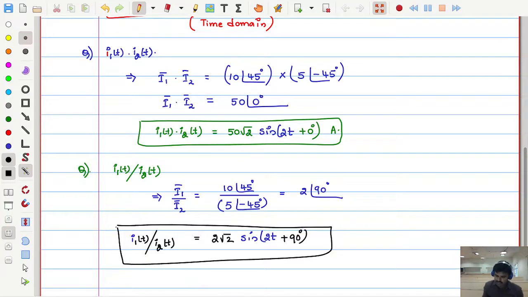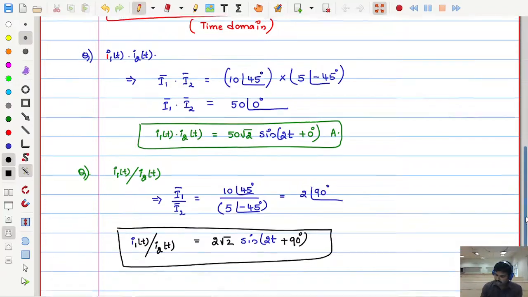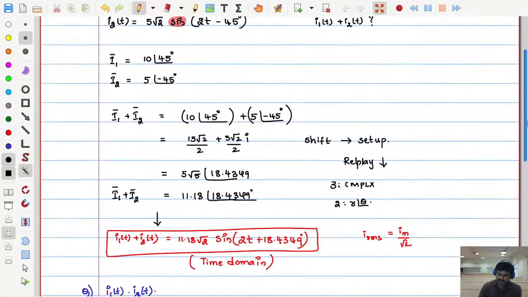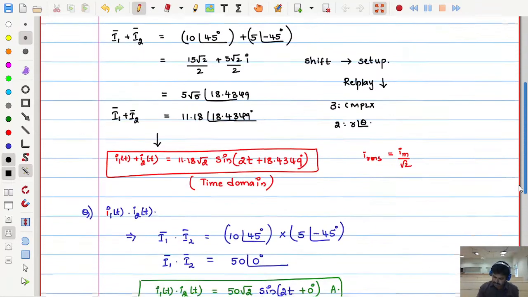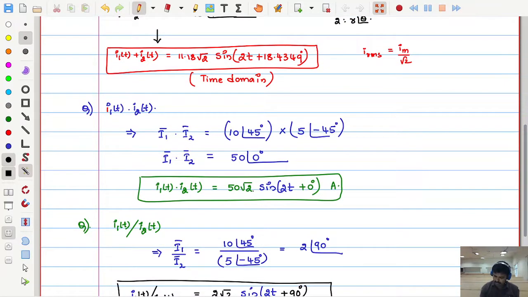Just think of that without these phasor calculations. If I do it directly with the raw given expressions, 10 root 2 sine 2t plus 45 into 5 root 2 sine 2t minus 45, how much time does it take to multiply these two quantities and get the result into the form 50 root 2 sine 2t plus 0? It takes a lot of time and needs a lot of mathematical computation.